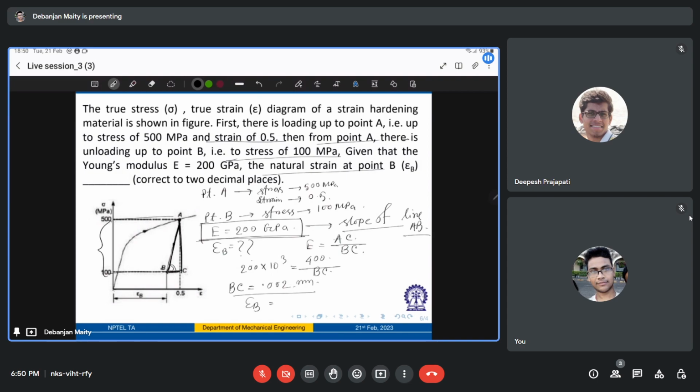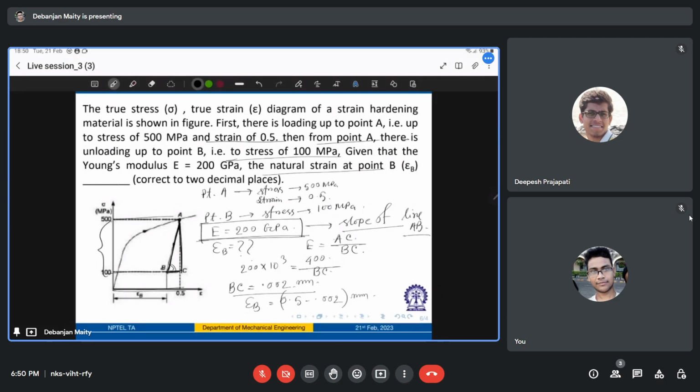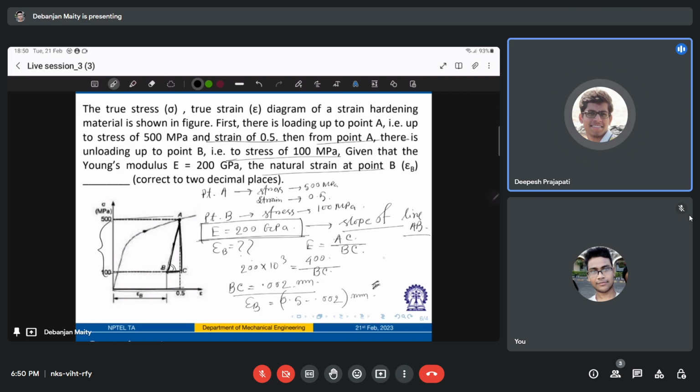You have this total strain as 0.5, that minus 0.002. How much is this? 0.498.